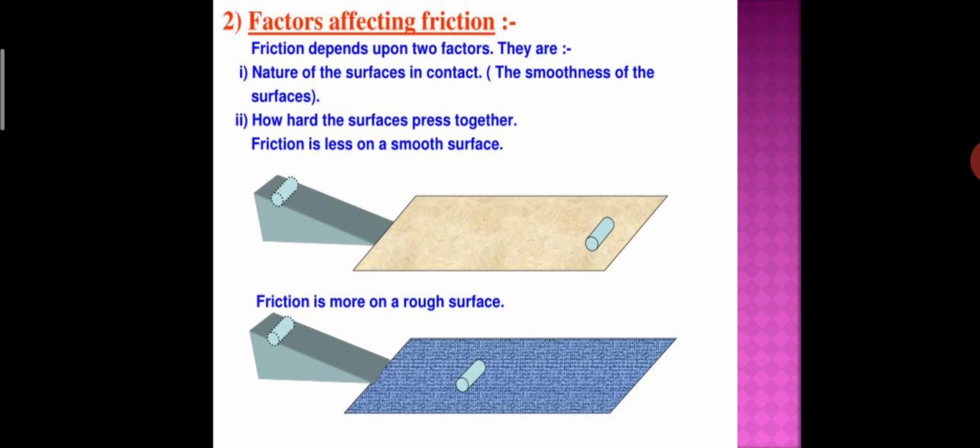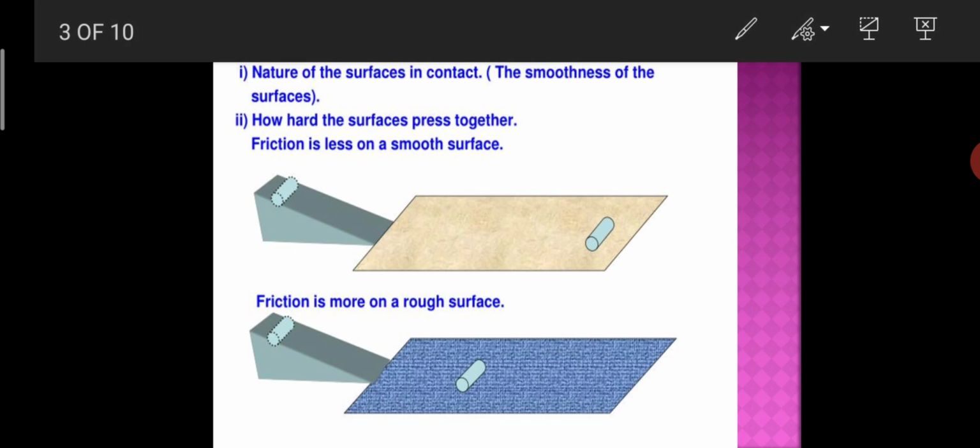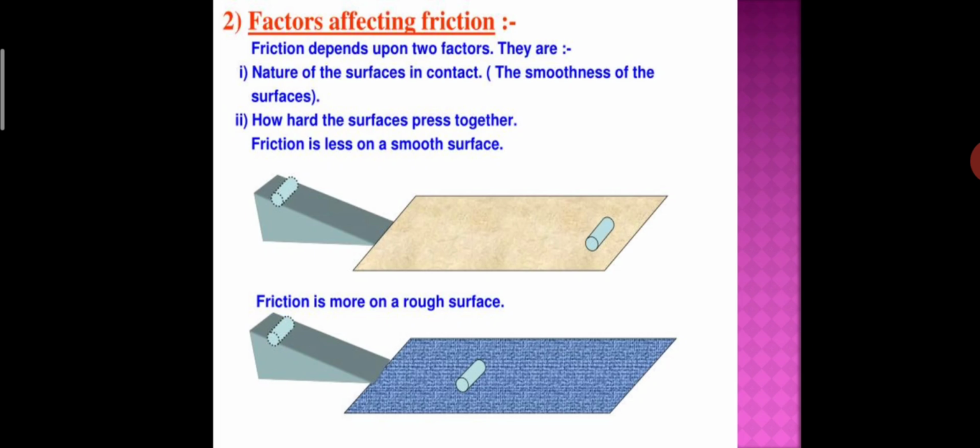It goes and it can cover a longer distance. So when we roll things from this sloping edge, what happens when it rolls over a smooth surface? It goes and covers the longer distance.